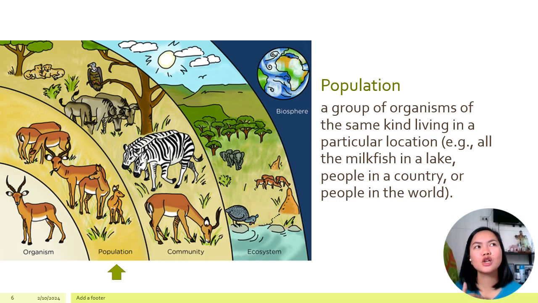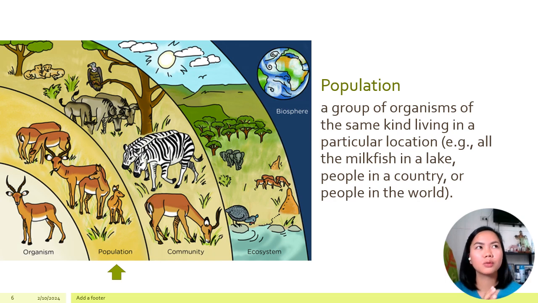Now if there are several populations, meaning daghang klase-klase nga mga population living in a certain environment or in a particular area, we call them a community, or most specifically a biotic community. So we spell that as BIOTIC community. So biotic community.